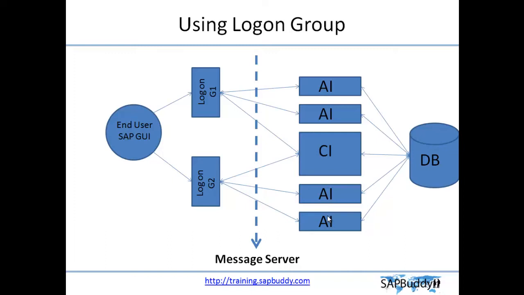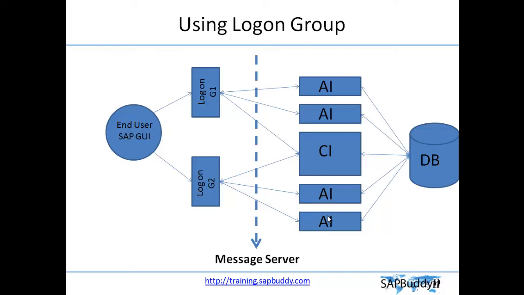For example, logon group. Or let's say there are some users who will schedule jobs. In that case, they should be able to log on to one specific logon group to schedule jobs. Scheduling jobs is again a little bit critical. We will see that in more detail. We can create a pool of background servers.